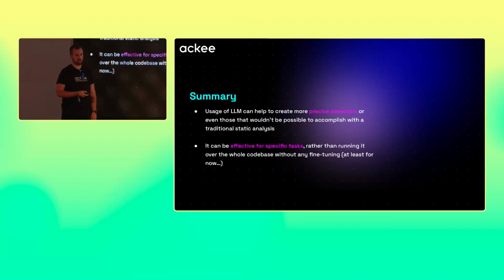So it can be definitely effective for a specific task, rather than running it over the whole code base, as we showed on one slide, which without any fine-tuning, or at least for now, won't be usable. But maybe after a few years, we can just run it over the code base, and we don't need a job, and that's it.